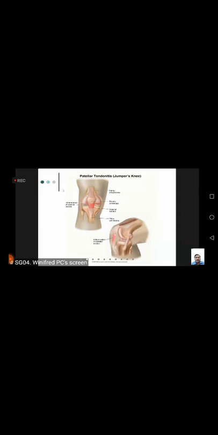Due to the imbalance of the muscles around the knee, it will create more pressure around the patellar region, which leads to swelling of the patellar tendon, and that will cause the pain.